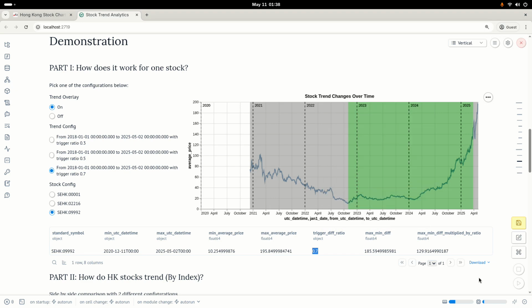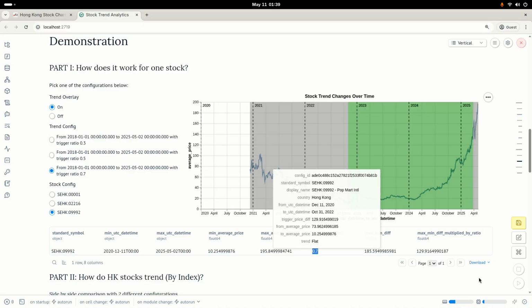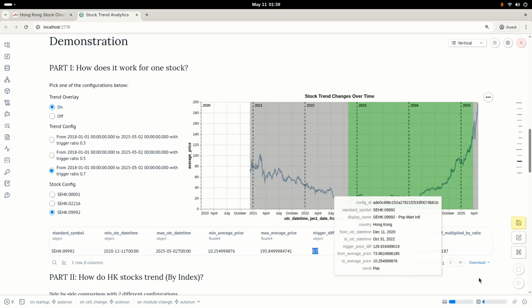This actually looks a bit unsatisfactory because we suggested in the beginning that it's a downtrend. One way to fix that is to make the threshold lower, so that even a smaller drop can constitute a downtrend.